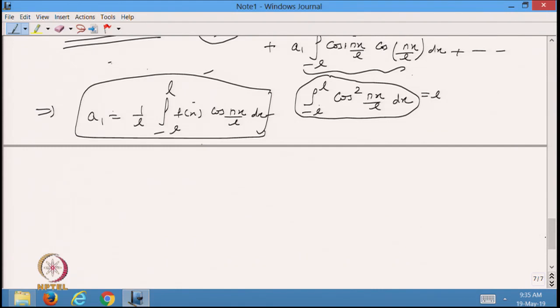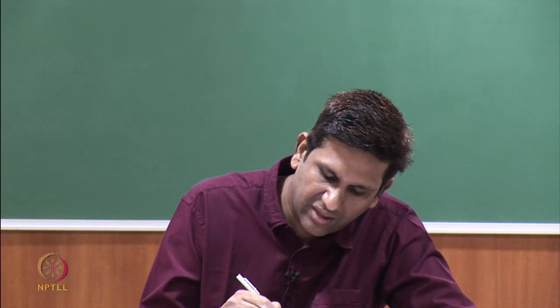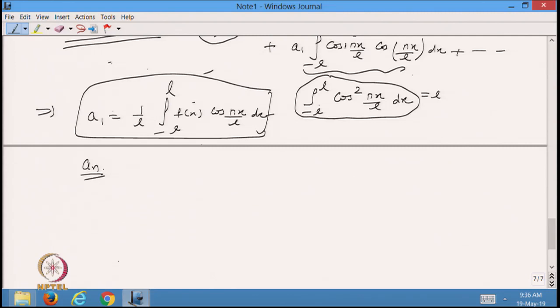Now I am doing the same for the other coefficients. I have my series, the Fourier series that we have written. Now I will try to find the value of an for all values of n. For n equal to 0 it is already there. So for n equal to 1, 2, 3, for all n I want to find the value of an.